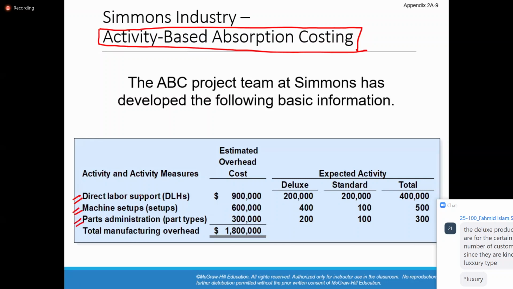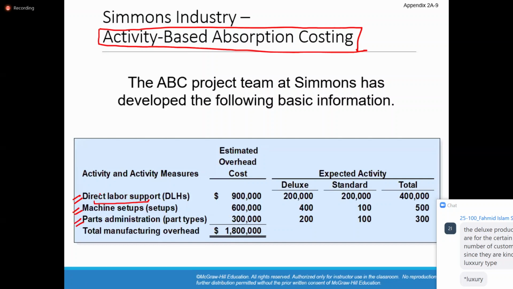They have listed some activities here. So you see 3 activities they have listed, which actually consume the manufacturing overhead resources. So these are 3 activities. One activity is you need support for the direct labor. This is not equal to direct labor. For the purpose of using the direct labor, you need some support.